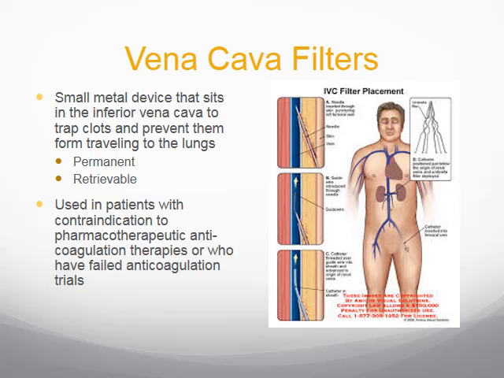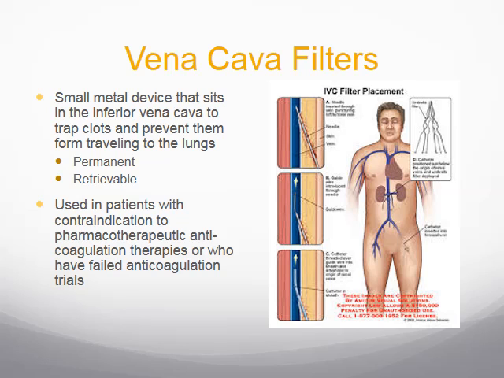A vena cava filter is a small metal filter that goes into the inferior vena cava, and it traps clots that may form and break away from the valves in the deep veins and prevents them from getting to the lungs. There are permanent vena cava filters and retrievable vena cava filters, and they do require a lot of monitoring because you are trapping clots, and that may form an even bigger clot.